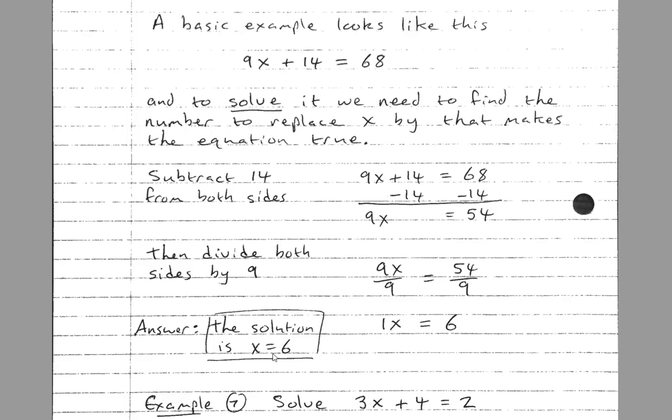And that's the solution we're looking for, so x equals 6. And you can certainly check that that number works. 9 times 6 is 54. 54 plus 14 is 68.